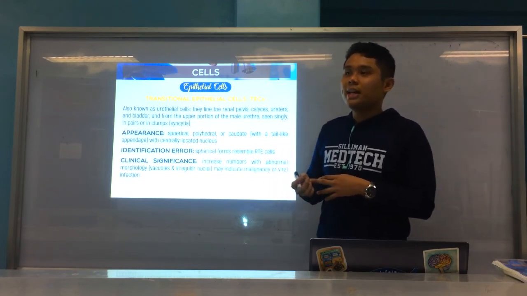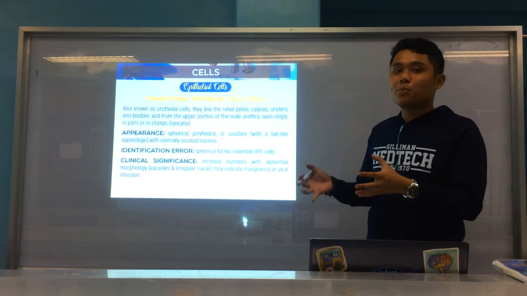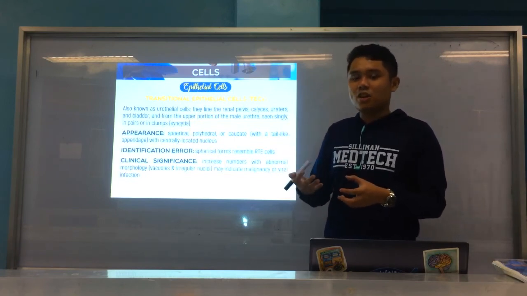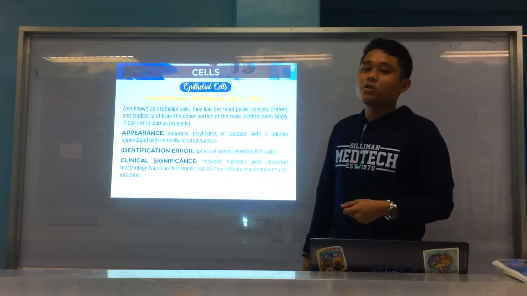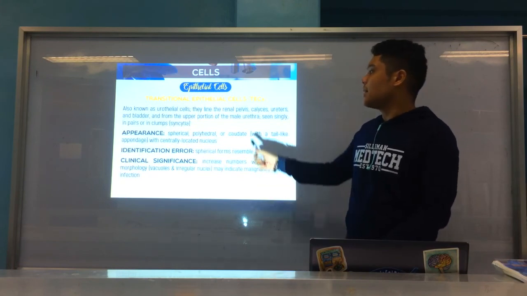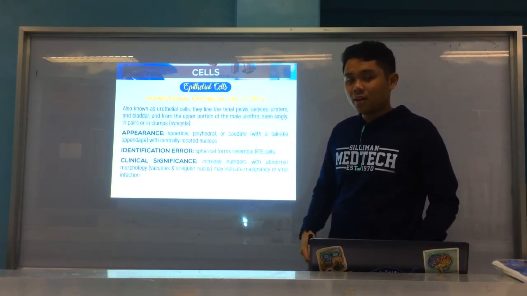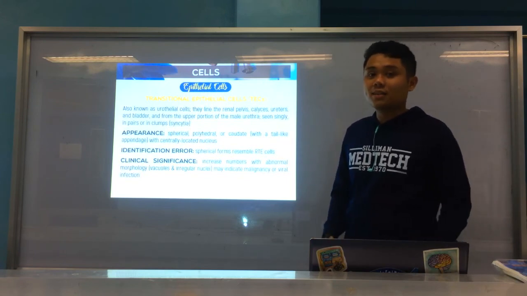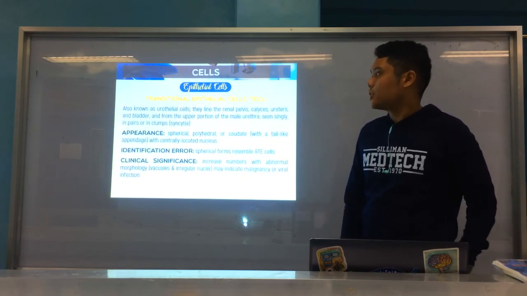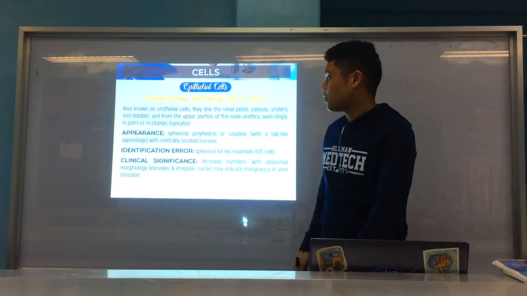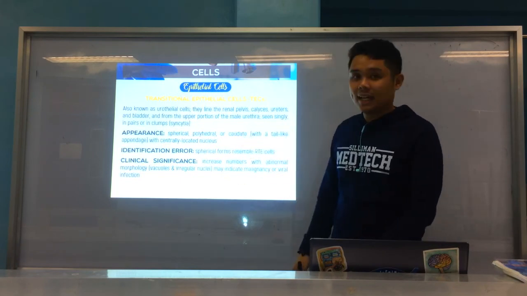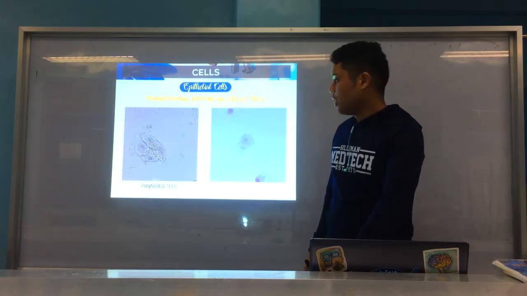So with invasive procedures such as catheterization, transitional epithelial cells increase. But usually, they are seen from the pelvis, the bladder, the lower urinary tract. Okay? So these are again transitional epithelial cells, and the shape depends on where they come from.